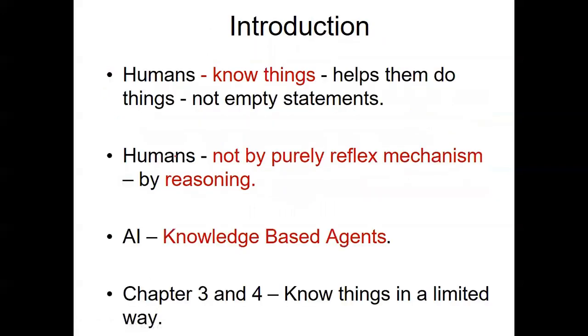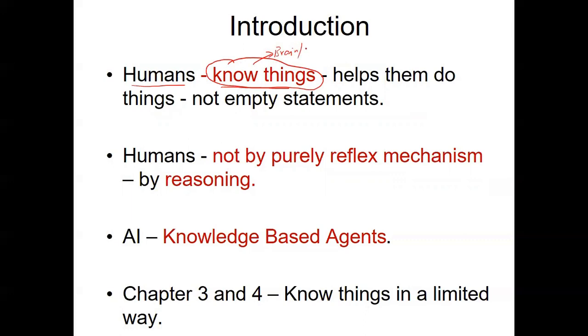Fine. So to start with, humans are the intelligent beings which we know. Humans know things. If you take a typical human being, they know certain things, and this knowing means something like knowledge. This knowledge is represented in the human. Where is it represented? In the brain or mind or whatever it may be.